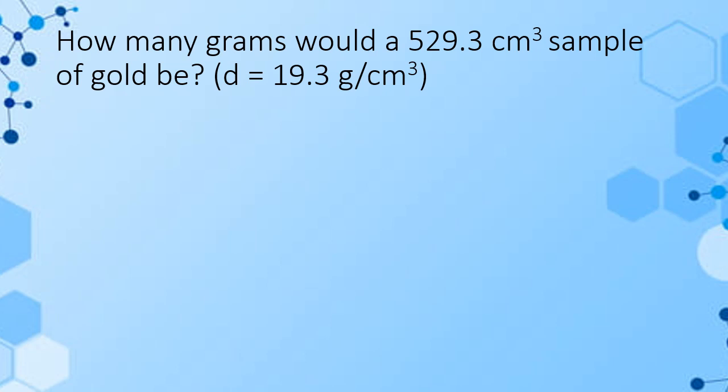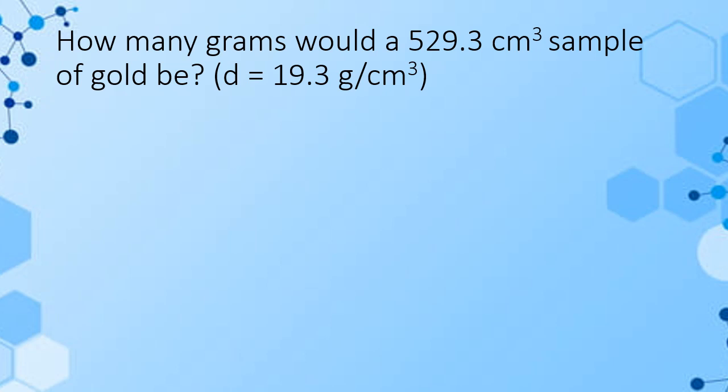Here we have another dimensional analysis problem, but it's disguised as one of our density problems. Our densities can actually be thought of as a form of conversion factor. They tell us that for a substance, so many grams of that substance are in 1 centimeter cubed or 1 milliliter.